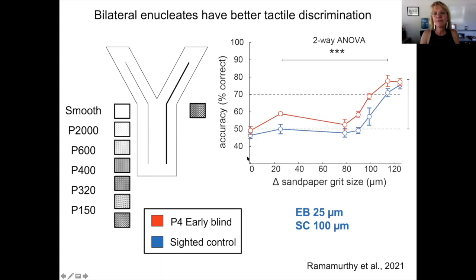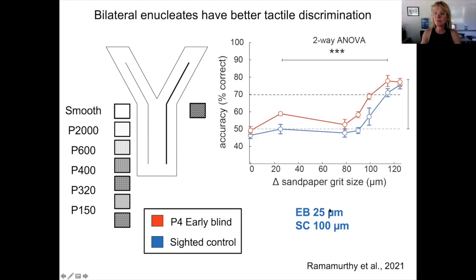If there's no difference in sandpaper, you just fall to chance, right? They're both smooth or they're both really rough. This is a large difference in sandpaper, like smooth versus a really heavy grit. As you move in this direction, the task is still pretty hard, and it gets easier and easier. And the bilateral nucleates do this tactile discrimination task significantly better than the sighted animals.